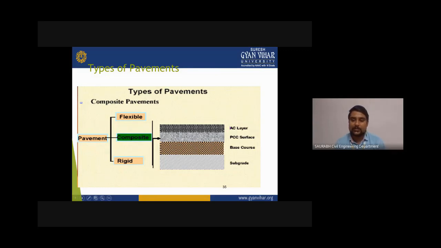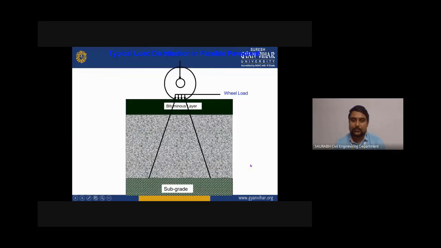This is your AC layer, which is made of asphalt, and the PCC surface, which is made of concrete. PCC means plain cement concrete, that is your base course and that is your sub course.